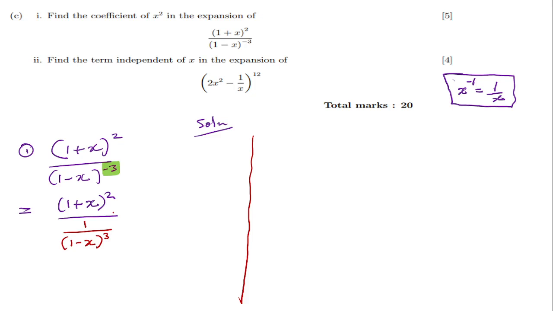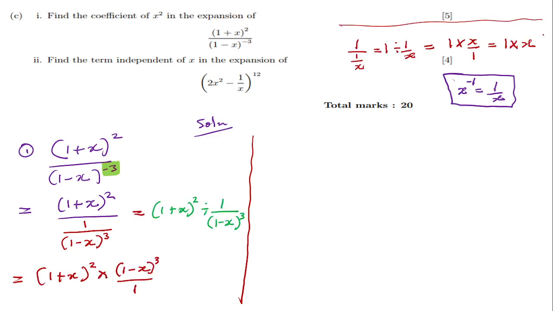Now, this cannot just finish from there. What you are now going to have is, this will interchange. So you're going to have (1 + x)^2 times (1 - x)^3 over 1, which is the same way we moved there. Next, you know that this and that is the same.